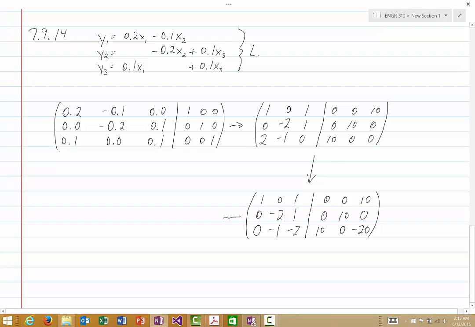And now I would favor multiplying the last row by negative 1 and switching the last row and the second row. So we'll have 1, 0, 1, 0, 0, 10.